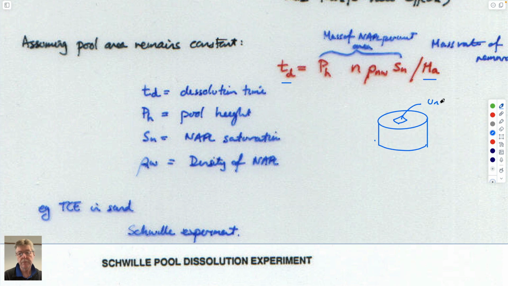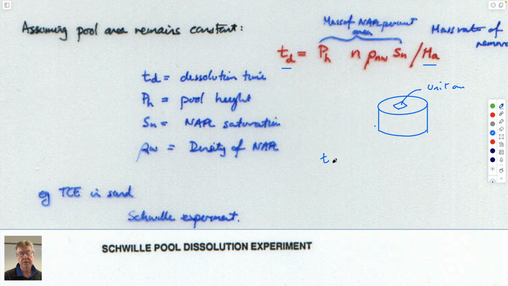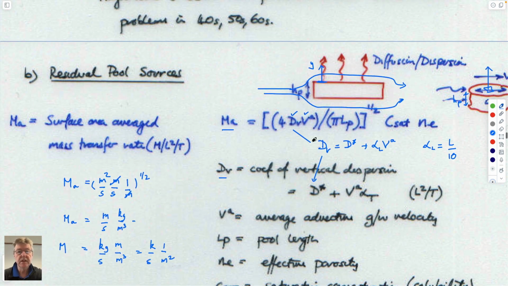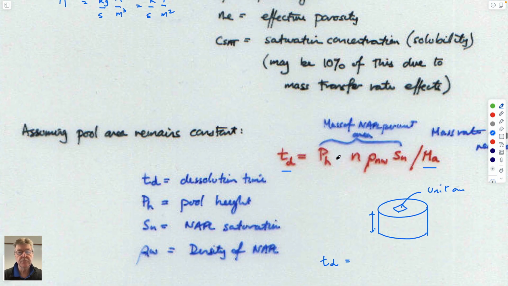So this is a unit area. So the time taken to remove it is equal to, I guess we called it HP before, and I've called it pH, right? This is HP times porosity, times density times porosity times saturation.